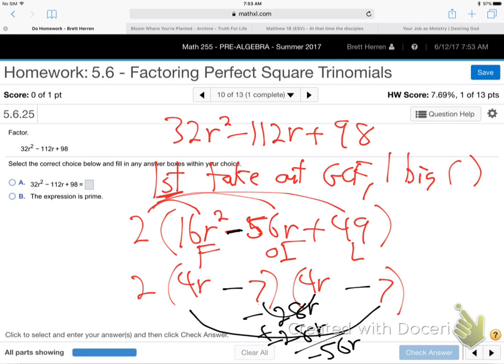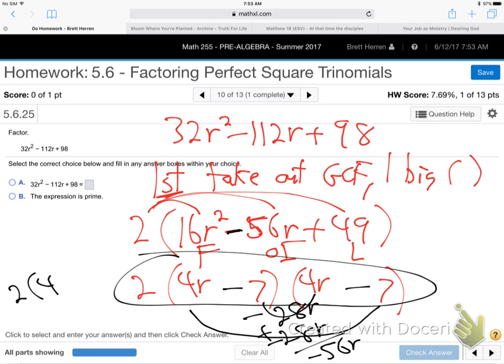It's all good. So this is our answer, except we're supposed to write 2 of them, squared. Same thing. Squared. There we go, because there's 2 of the 4r minus 7s. Is that making sense? See how the middle worked on that one. The last one we had to say prime because it didn't work, but this one worked.